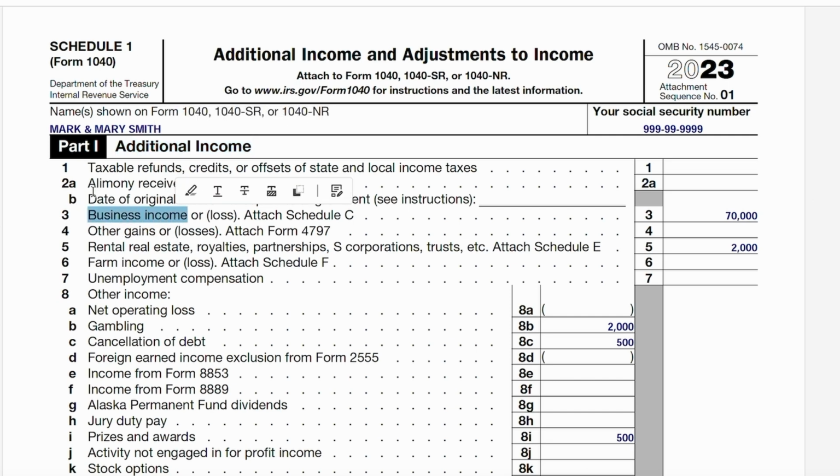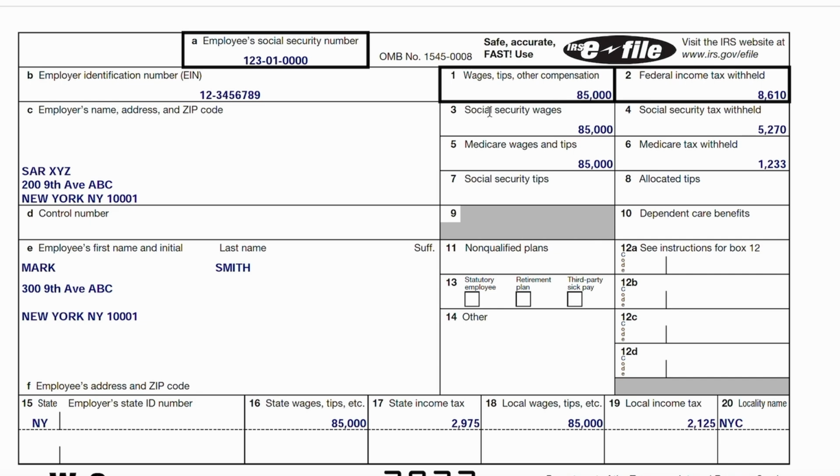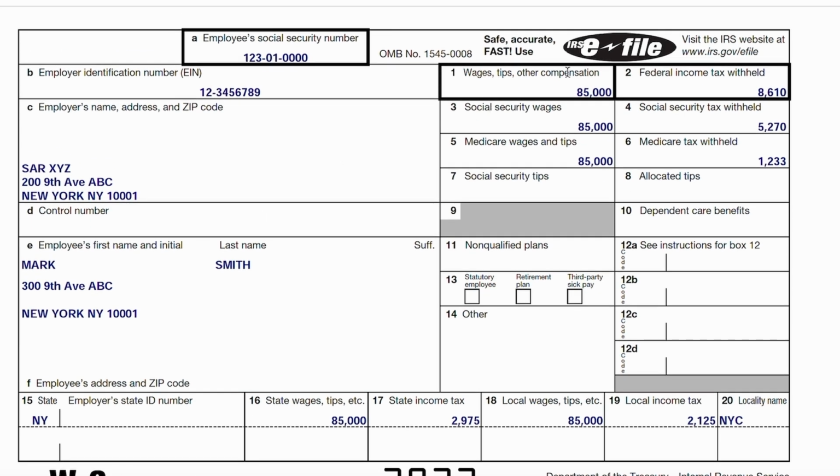You don't have to memorize which line business income is reported on, but you can find that number 70,000 over here. If you remember, Mary Smith's income from business is 70,000, and we will attach Schedule C and report 70,000 over here on Schedule 1. If you remember, on this Form W2, Mark Smith had 85,000 as his gross wages.